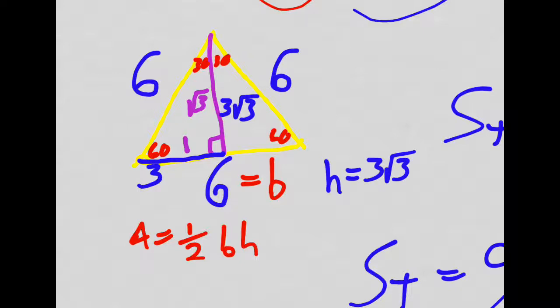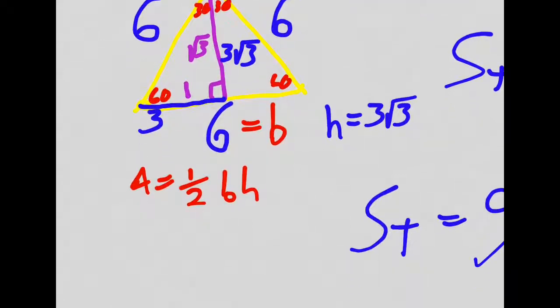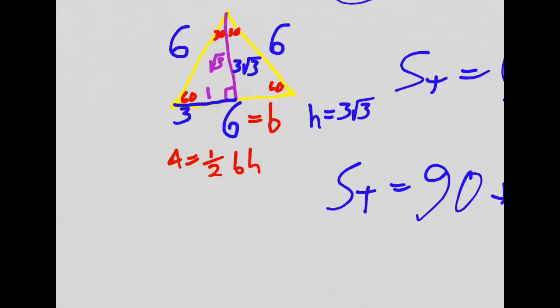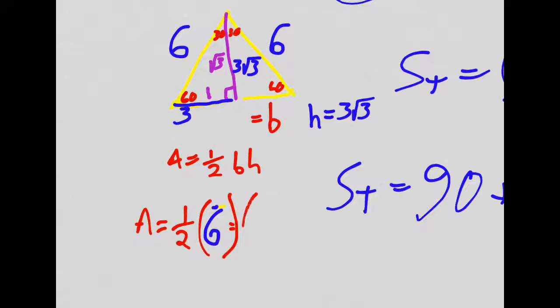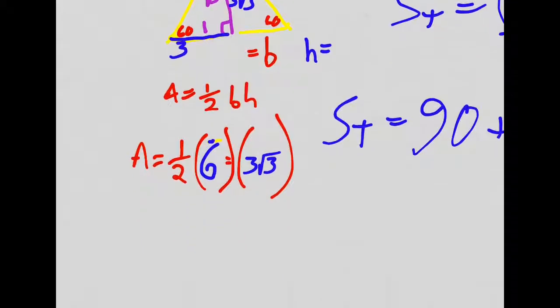So now I can say area equals 1/2 base times height. Okay, you see how we got that? 1/2 of 6 is 3.